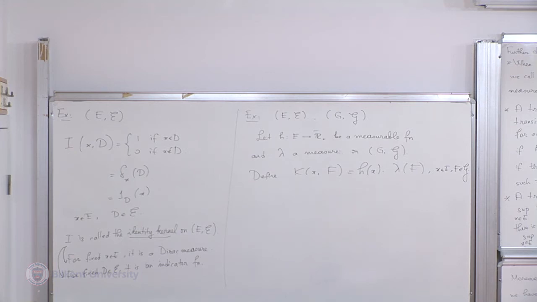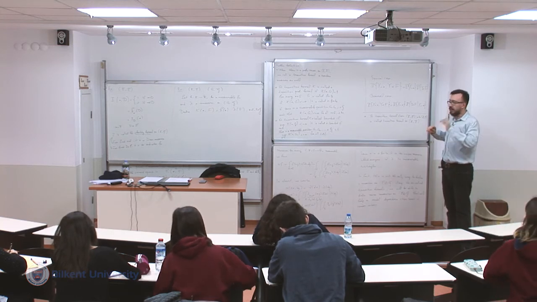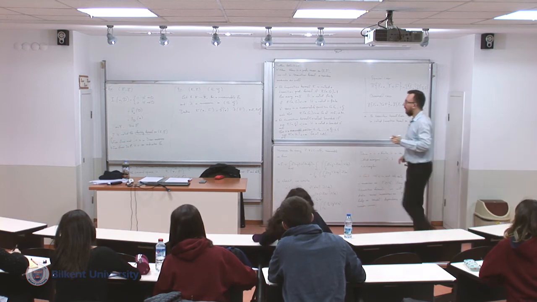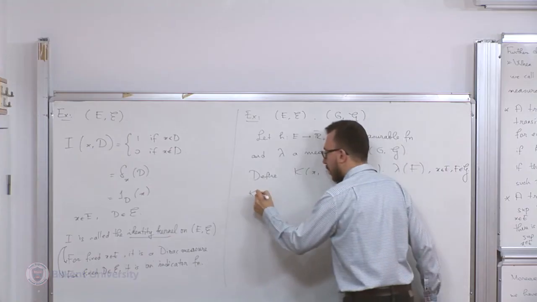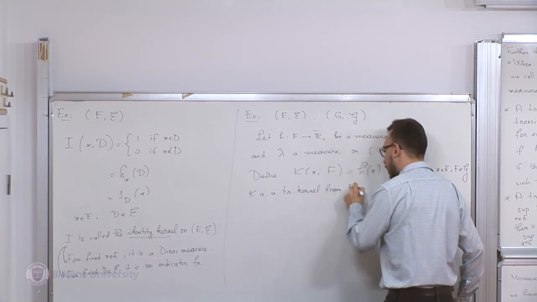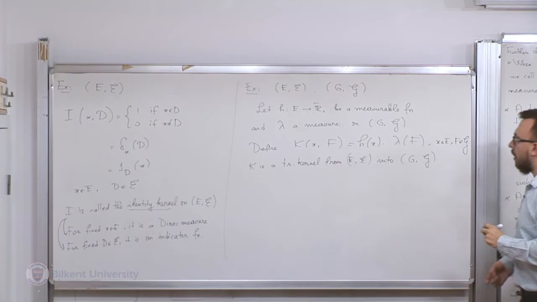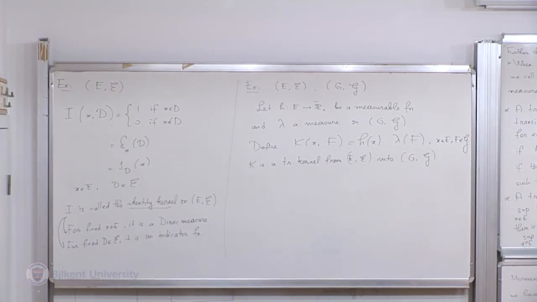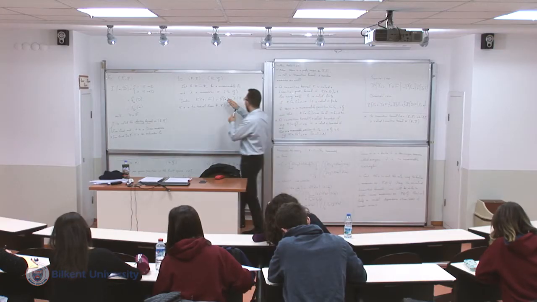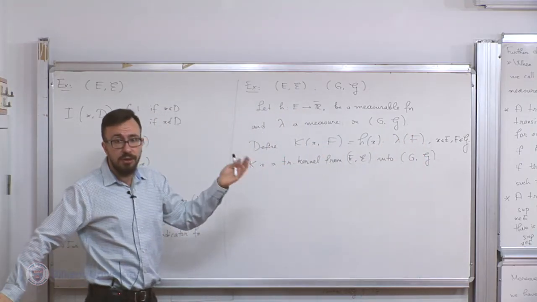It's a very simple way of defining a kernel. You want to have something that is both a measurable function and a measure on different spaces, right? Take a measurable function from the first space, take a measure from the second space, and multiply them. K is a transition kernel from E into G. Why is this a kernel? Because if I fix x, this is like 5 times lambda. Of course, if lambda is a measure, 5 times lambda is also a measure.